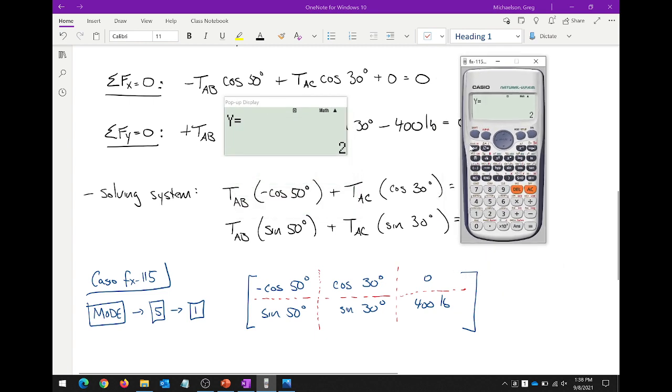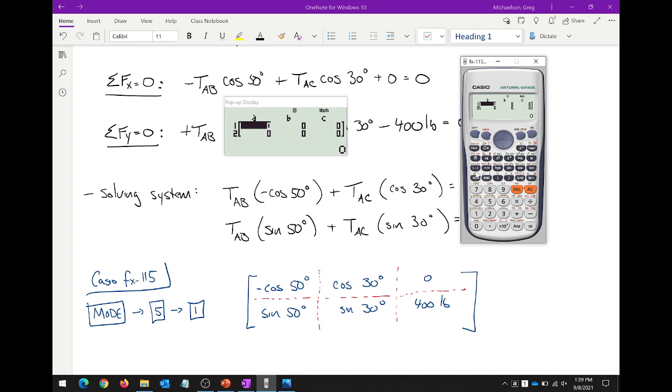So we're going to go to mode 5, 1, and now we're going to start entering in this system. And so notice how this term is negative, everything else is positive, and that goes to how we wrote it up here. We want to make sure that we're maintaining our signs.